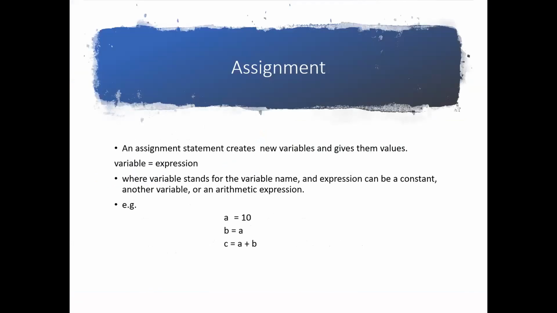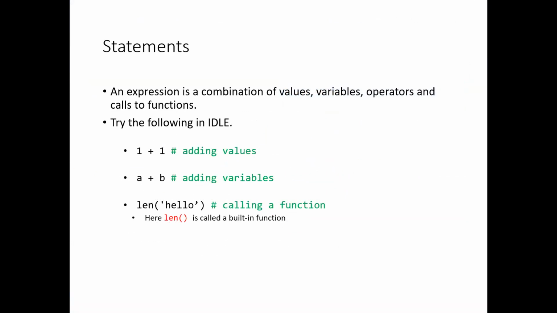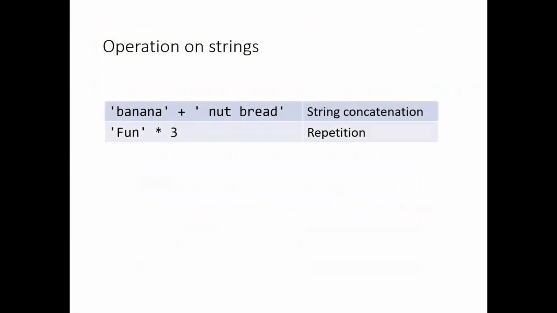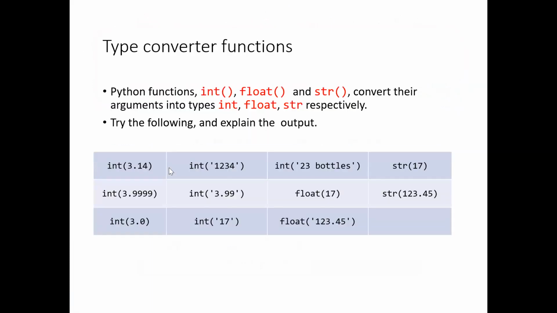Then we discussed different arithmetic operations earlier, and then some operations on strings, which I will discuss today. Also, in the sessions after the data structures, I'll be revisiting manipulation of strings.